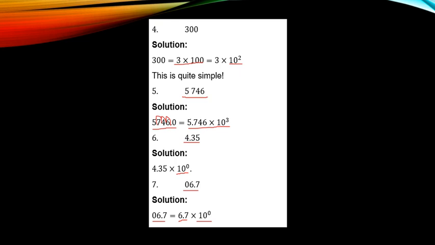For it to be in standard form, you must have a multiplied by 10 raised to the power of n. That is why in cases where we cannot do anything, we simply add 10 to the power of 0 to complete the standard form format, as you have in examples 6 and 7.